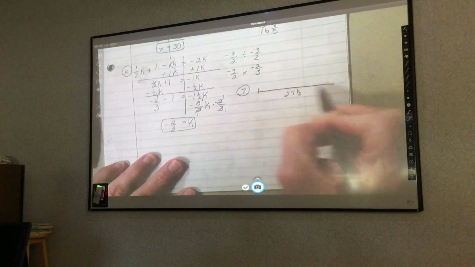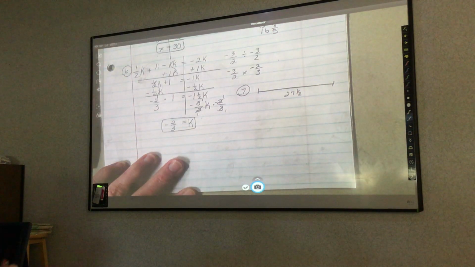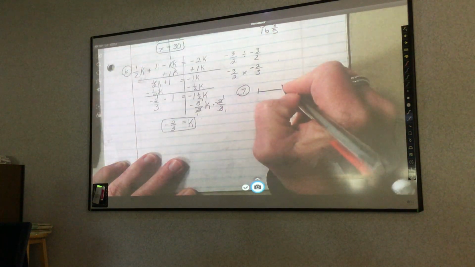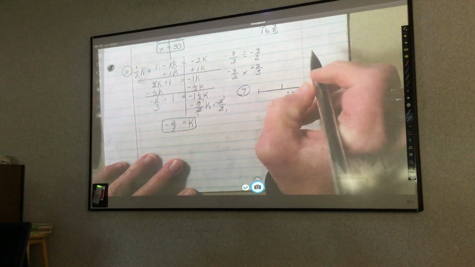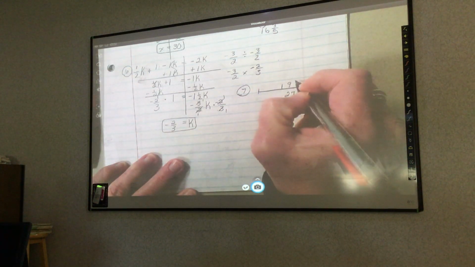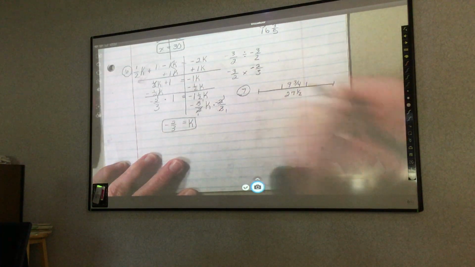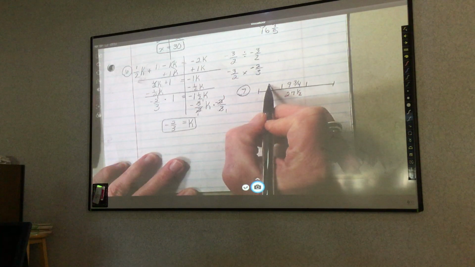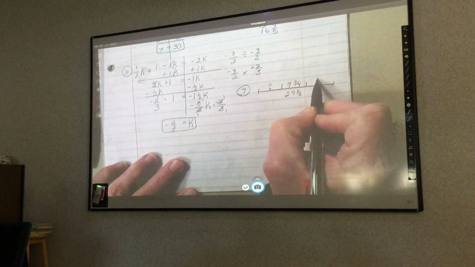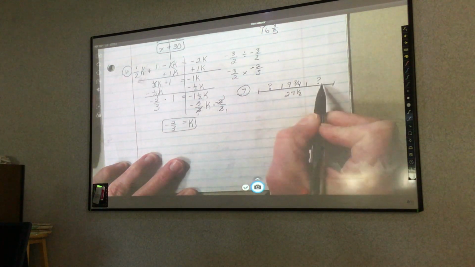So from here to here is my door. It is saying I want my towel bar to be in the center. And that towel bar takes up 9 3/4 inches.